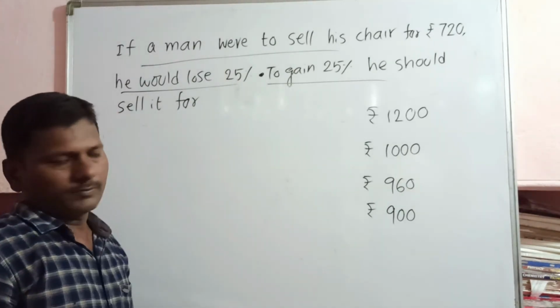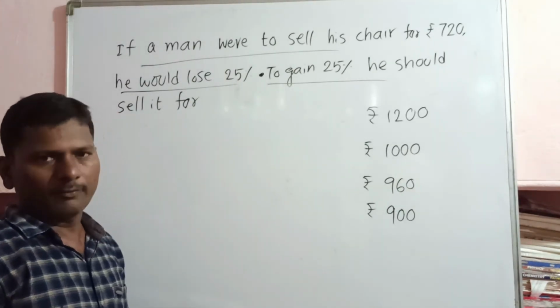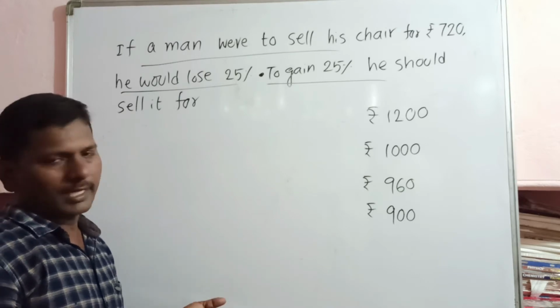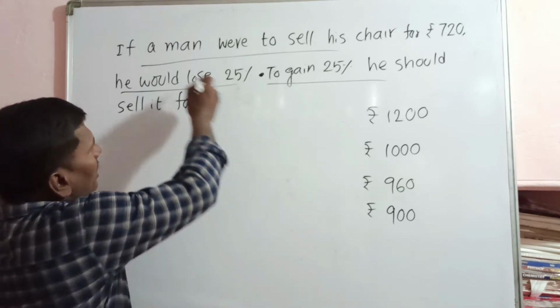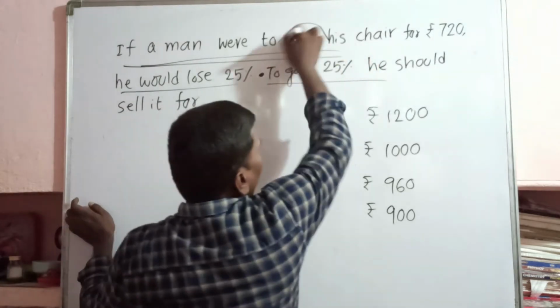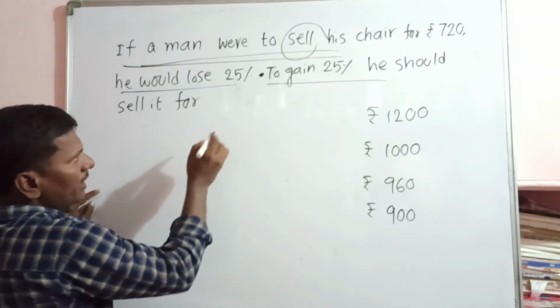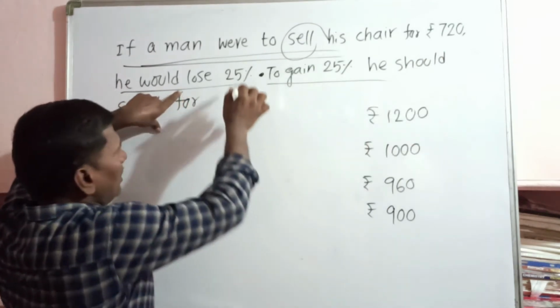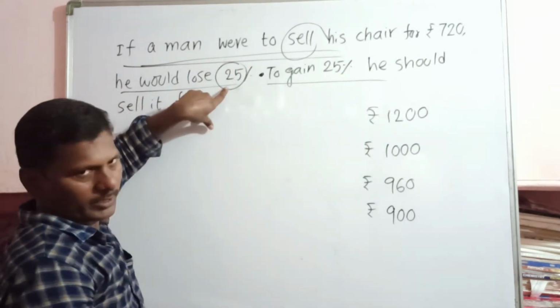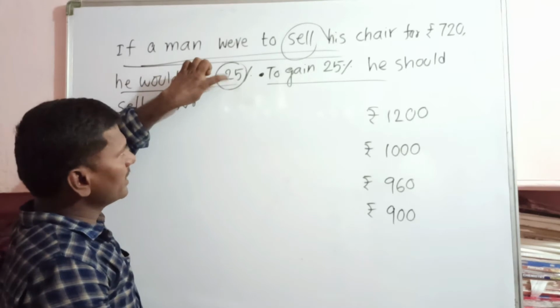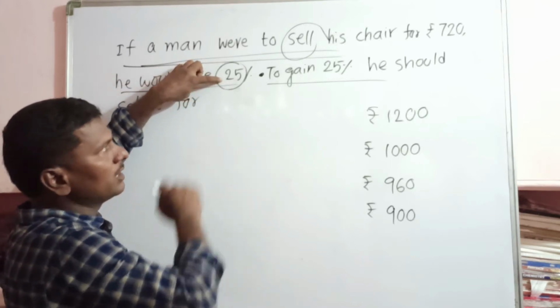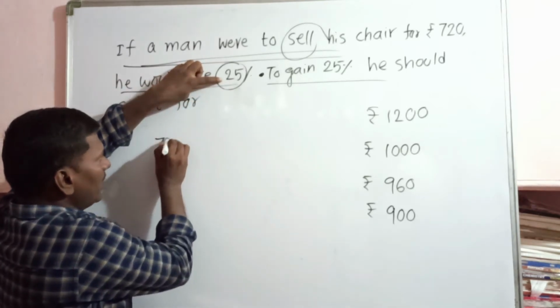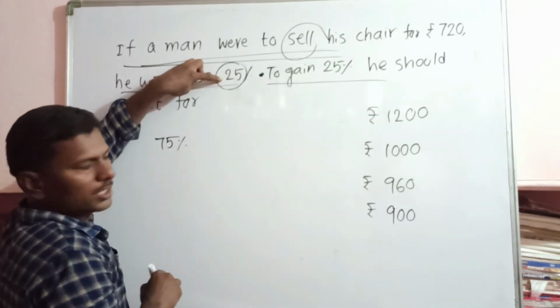This same question can be solved in different methods. So another method I am going to teach you. In the first line we are given the selling price. When it is sold for 720 rupees, that person loses 25%. 25% loss means that article is sold for 75% of that value.